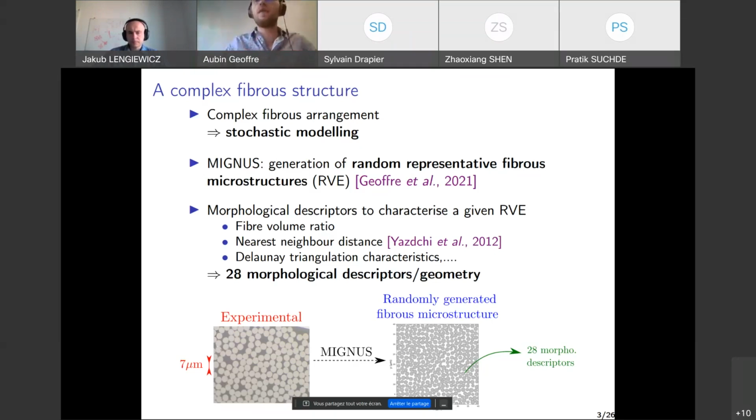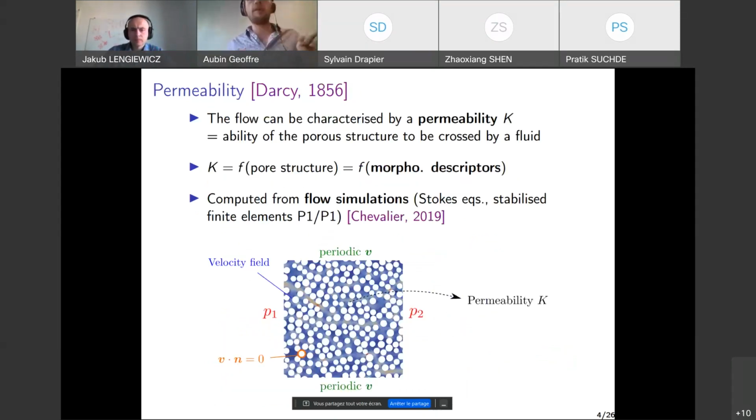Once we have this complex fiber structure, we need to analyze the flow within it. For that, we use permeability, which is the ability of the porous structure to be crossed by a fluid. It directly depends on the pore structure. For example, if the pore structure is really tortuous, then the permeability will decrease.